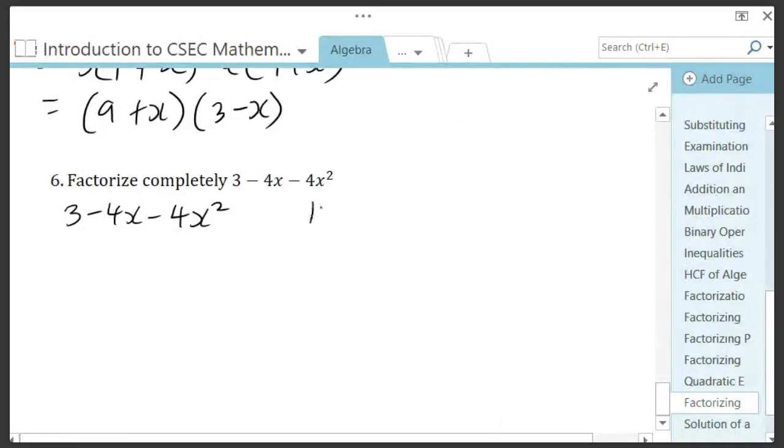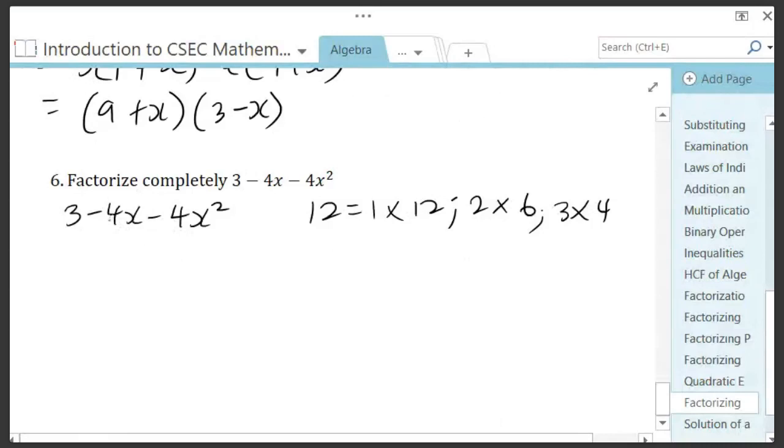I'm writing the positive value here, 12, and I'm going to write the possible products that we could have. 1 multiplied by 12, 2 multiplied by 6, 3 multiplied by 4. Okay, so we're going to use these to come up with the factors that we will add to get b. So notice here that we have minus 4.